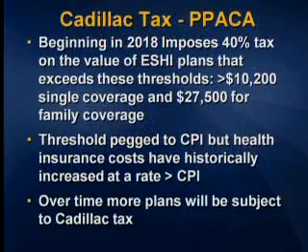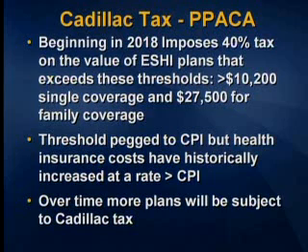The Cadillac tax, some of you may have heard of that. This is an interesting one because beginning in 2018, if you provide generous health coverage for your employees that exceeds $10,200 for single coverage and $27,500 for family coverage in terms of cost, and those costs are calculated by both employer and employee contributions, that means you have to pay a 40% excise tax on anything above that amount.